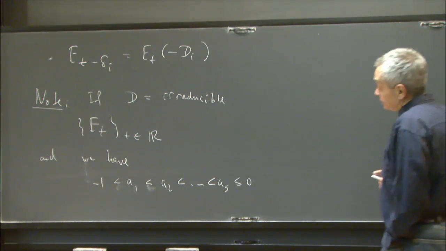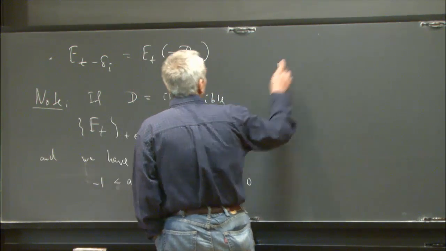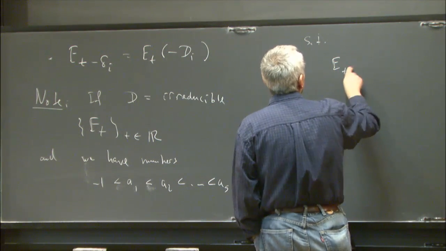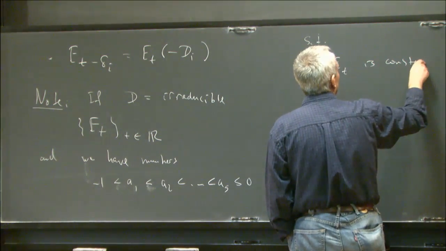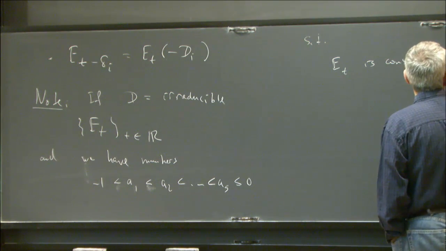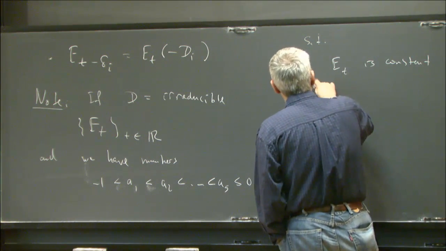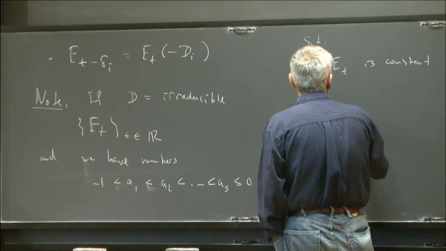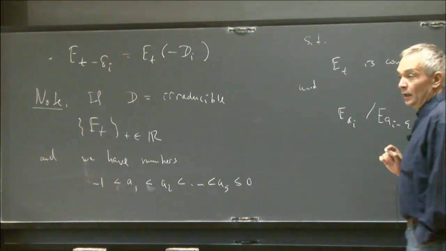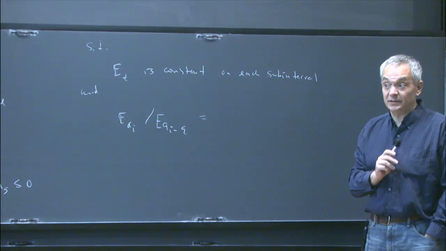And these are exactly the jumps for this family. So E_T is constant on each subinterval, and E_{A_i} modulo E_{A_i - epsilon}, it jumps exactly at A_i, is some vector bundle supported on the divisor of some rank.